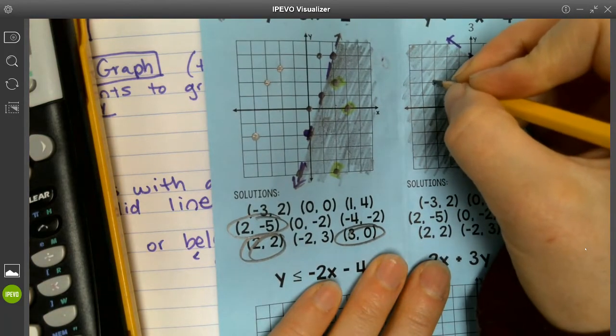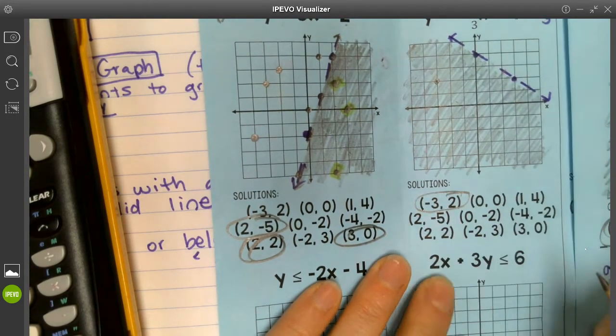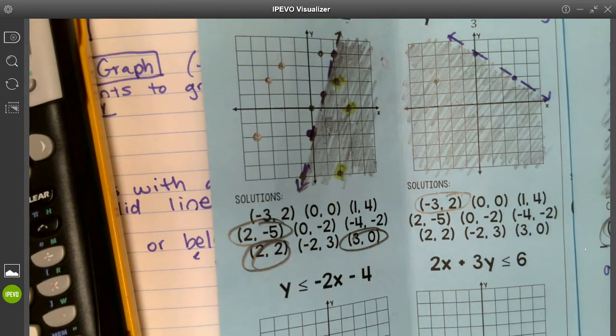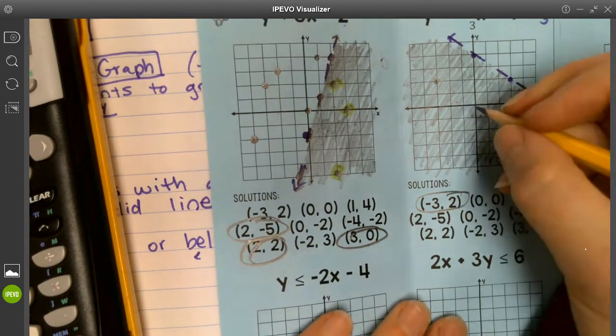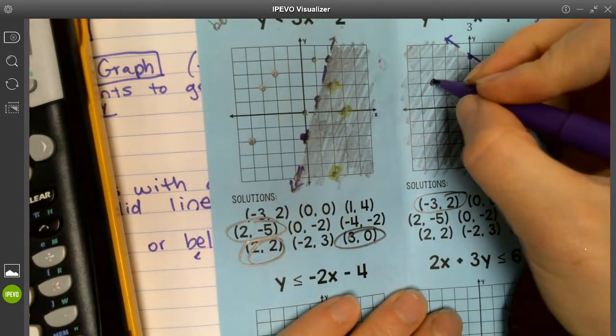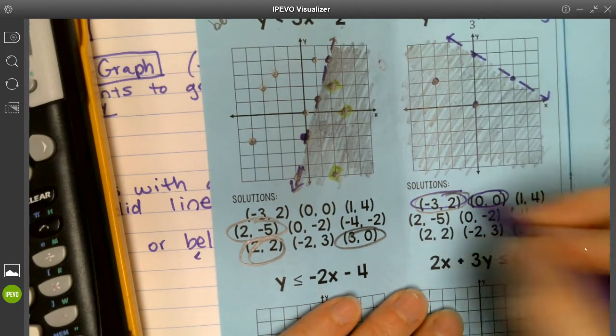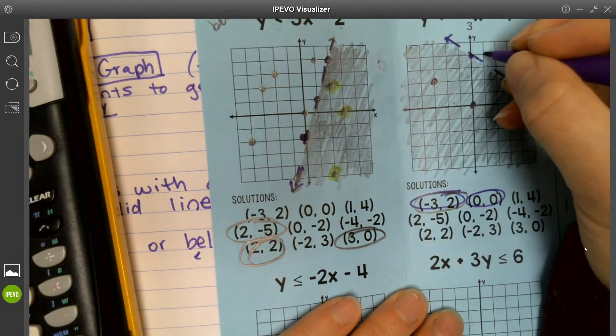Negative 3, positive 2. It's in the shaded, so it is a solution. 0, 0. 1, 4.